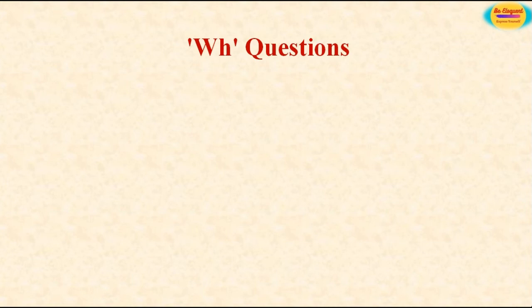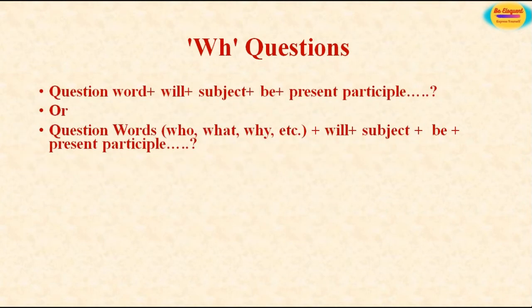The formula to create WH questions in future continuous is question word followed by will and subject plus be plus present participle and a question mark, or question words who, what, why, etc. plus will plus subject plus be and present participle along with a question mark.